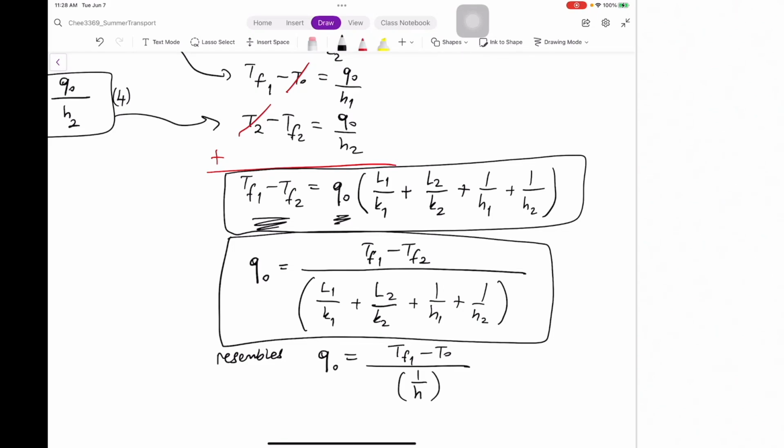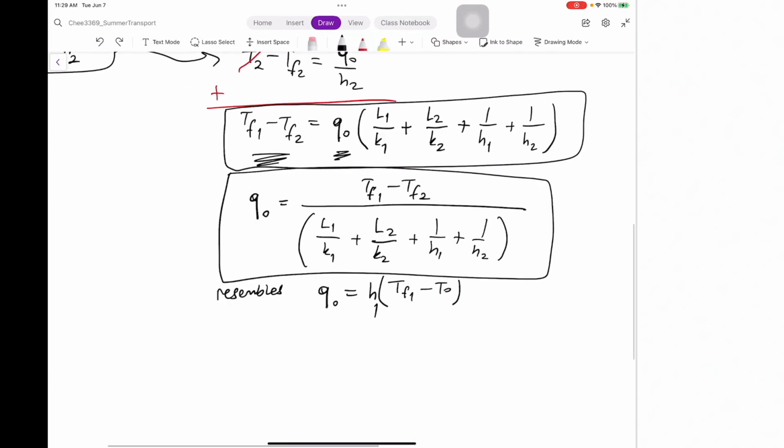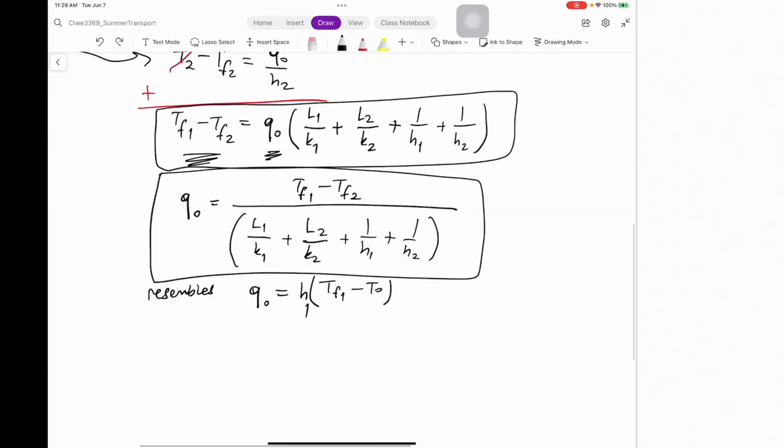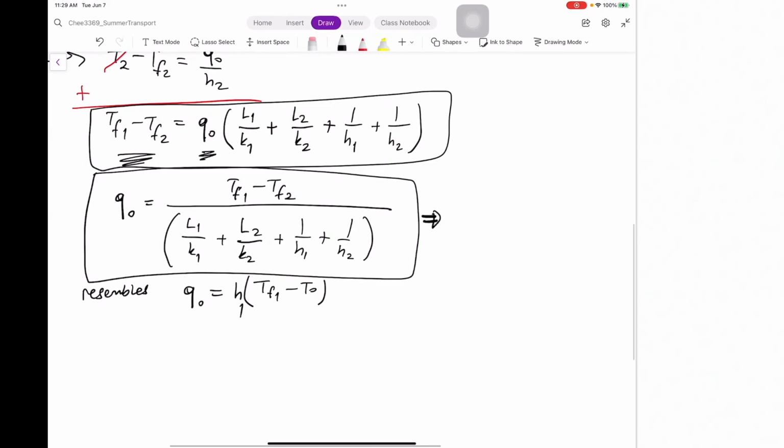Or maybe you can write it as H times this, or H1 times this. But here, instead of H1, you have this 1 over this term, okay? But it looks like the heat transfer coefficient. So we call it basically overall heat transfer coefficient. So we say Q0 is equal to U times TF1 minus TF2.